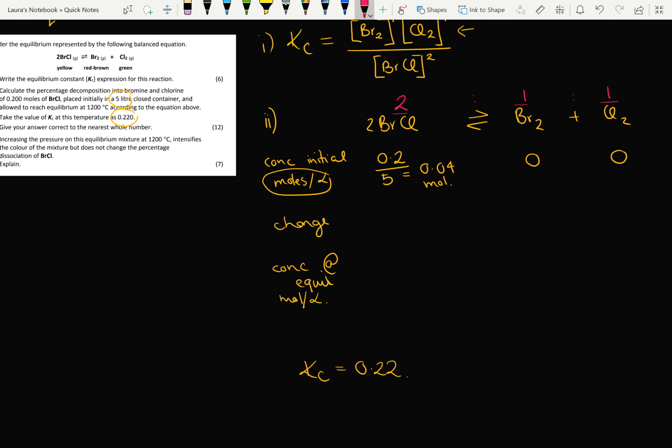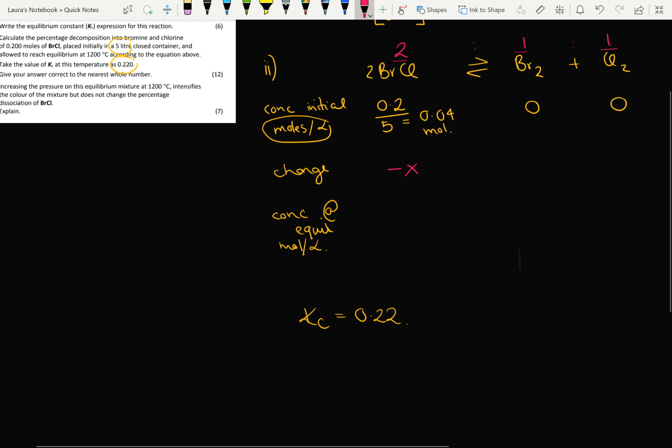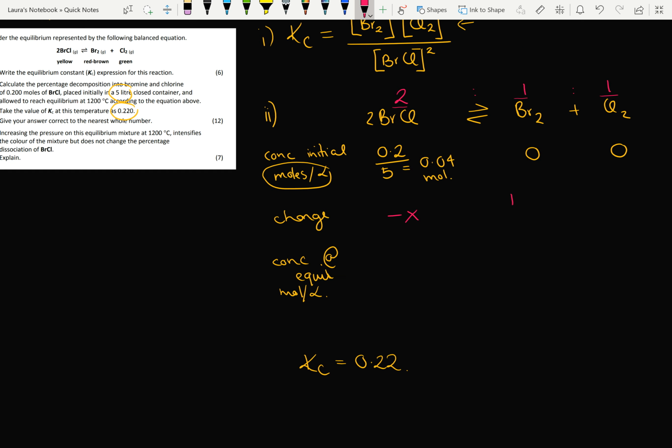So we've got 2 options here for how we include our x. So the first thing we could do is say, if x amount of my BrCl decomposes into Br2 and Cl2, then going by that reaction equation, half x of Br2 will be produced and half x of Cl2 will be produced.